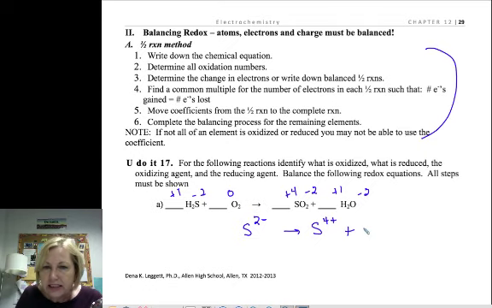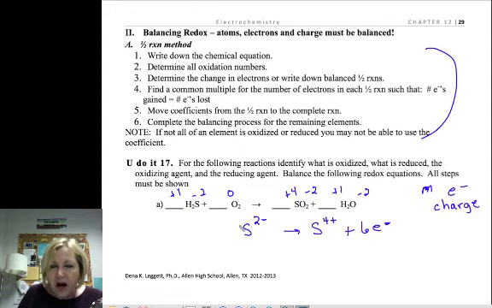It lost 6 electrons. Now we're balancing electrons and also charge. What I would recommend doing, because I've messed up before, is double check that your charge is equal on both sides. You might catch yourself putting the electrons on the incorrect side if you do that. 6 negatives plus 4 positives is -2, and I have -2 on the other side.